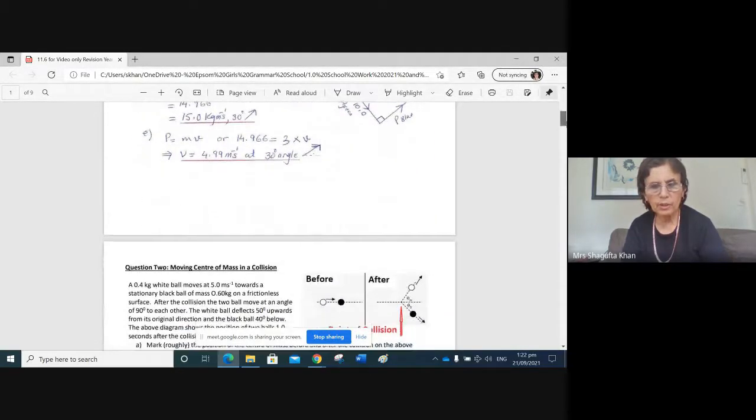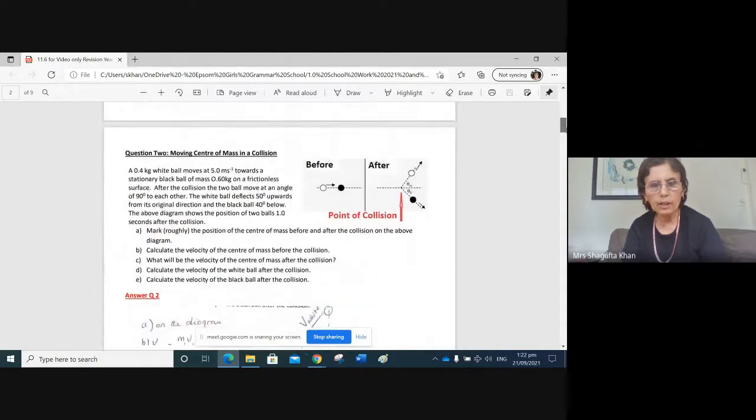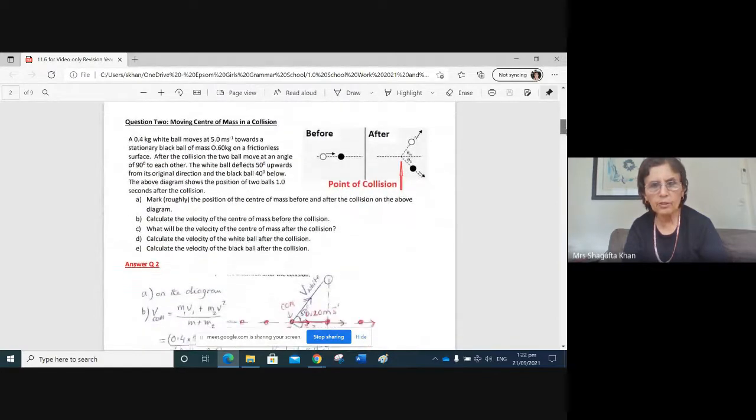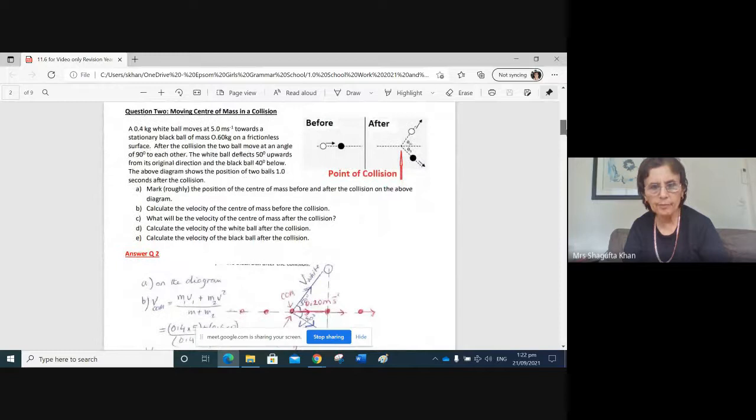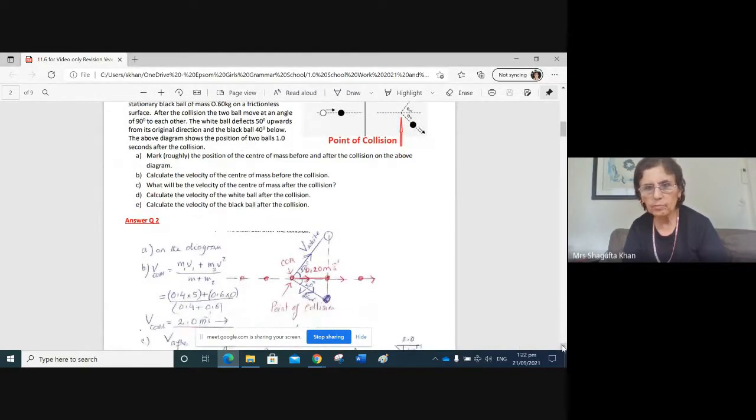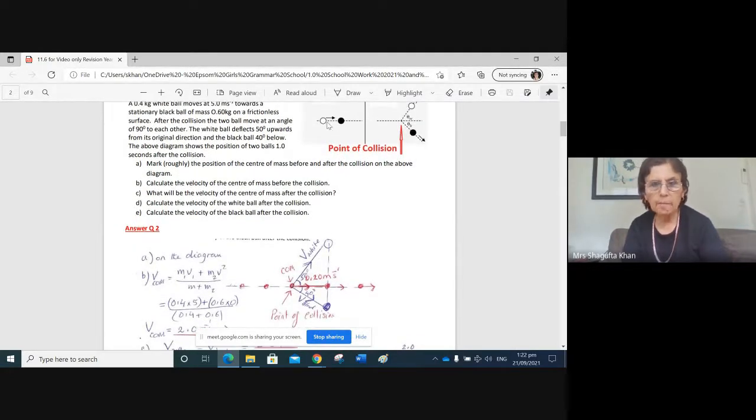Now, the second point is that we look at the collision in terms of the center of mass. In this question, the white ball is moving towards the black ball. If they were equal masses, then the center of mass would be right in the center, at this position.